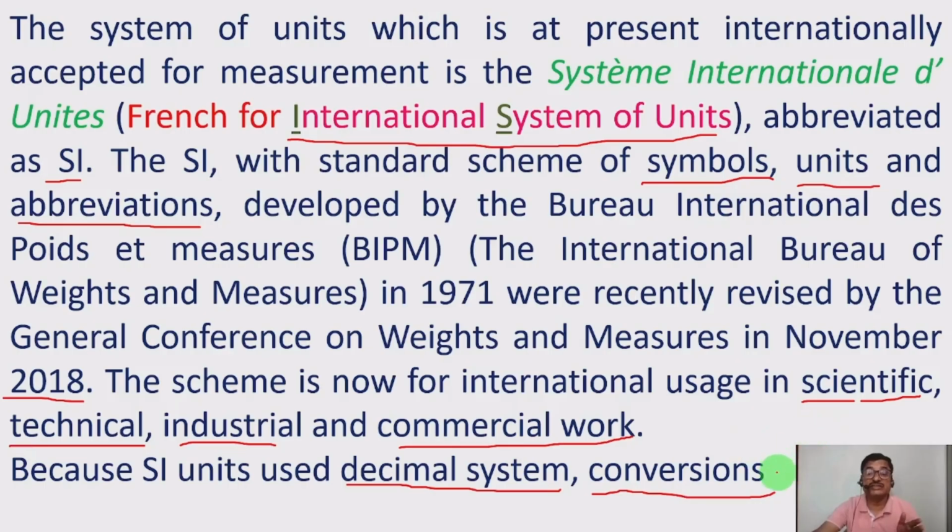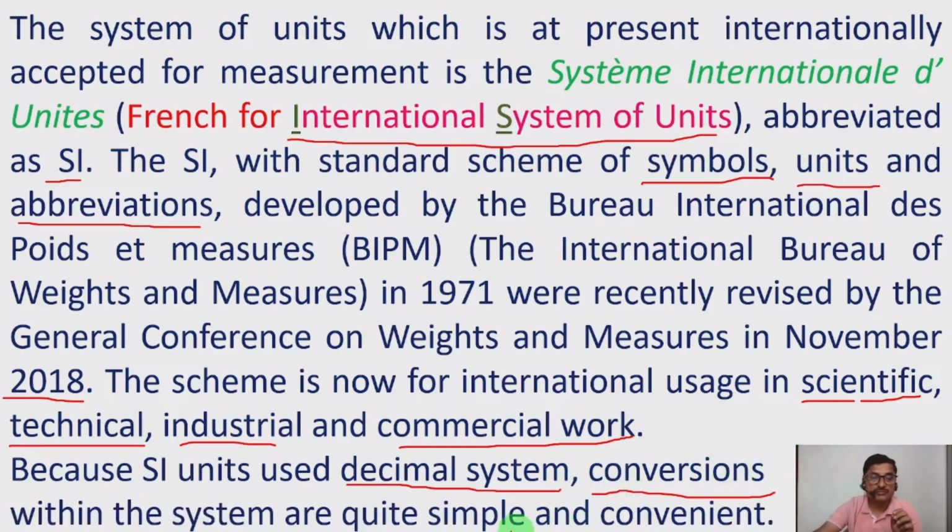Like that, it has conversions, and in the decimal system, 1 centimeter is 0.01 meter. Because of this decimal system and conversion, it is quite simple and convenient to use.